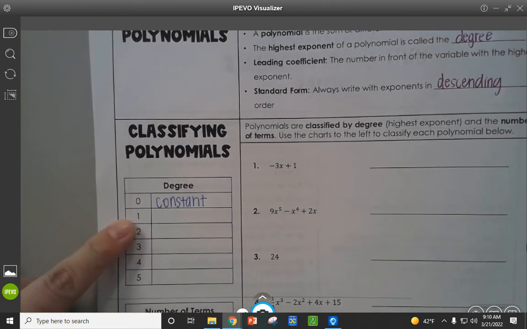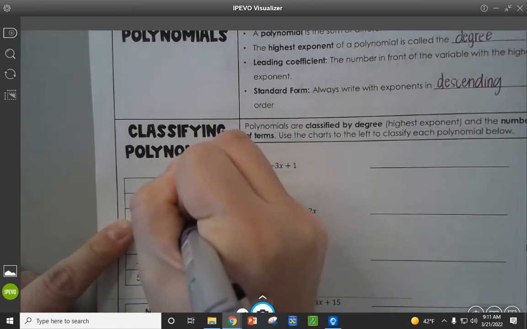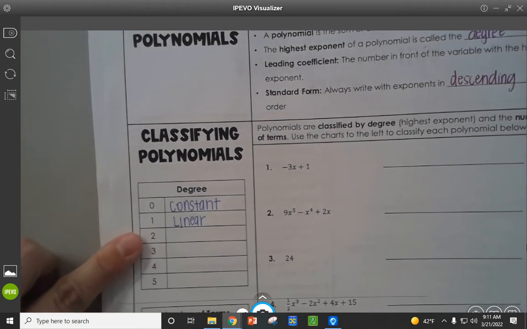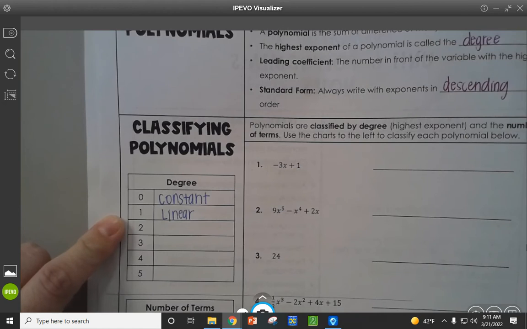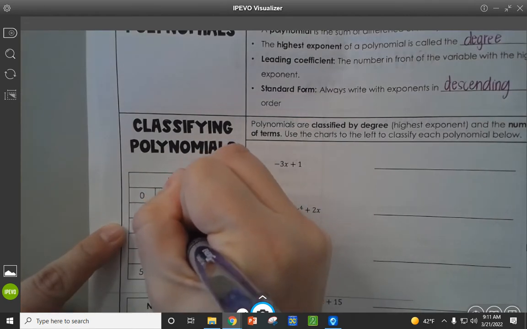If the degree is 1, meaning we just have x to the first, like 2x, 5x, that is linear. It makes a line. If the degree is 2, so the highest exponent is x squared, now we could have an x squared and an x, but I'm looking at the biggest exponent. If it's 2, that's a quadratic.